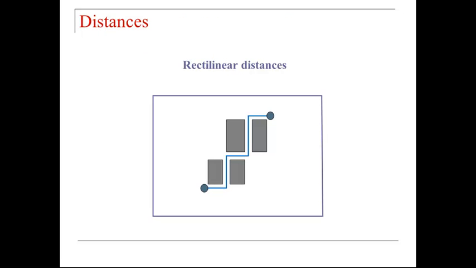In terms of rectilinear distances, this is how we measure distances from one location to the other. What I mean by rectilinear distances is that we look at the vertical and horizontal lines in order to compute the distances. So let's say this is facility 1 and this is facility 2, and the lines measure 3, 4, 3, and 5.